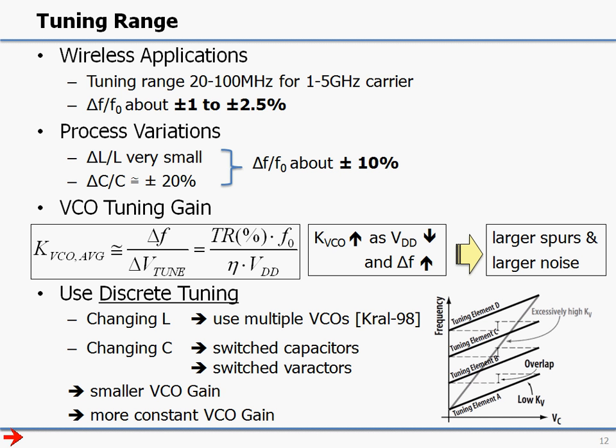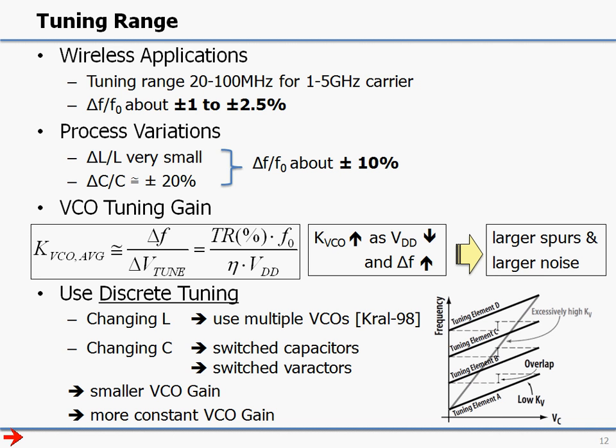Process variations typically do not affect the inductor too much because the inductance is really set by the geometry of the structure, which is typically very well controlled. Capacitors are another matter, however, because in capacitors we easily see plus minus 20% of process variations.